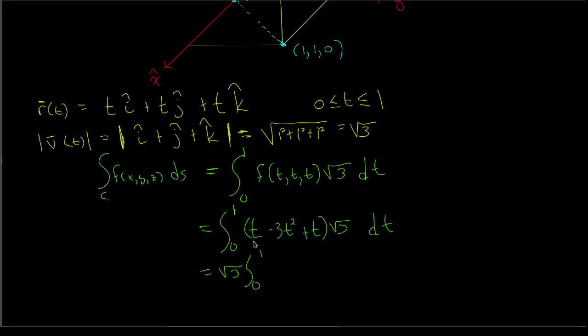Oh, wait. There's 2t minus 3t squared dt, which is equal to t squared minus t cubed evaluated between 0 and 1, all times root 3, which is equivalent to 0. And so this function integrated across the line integral is equal to 0. We'll continue exploring line integrals in the next video.